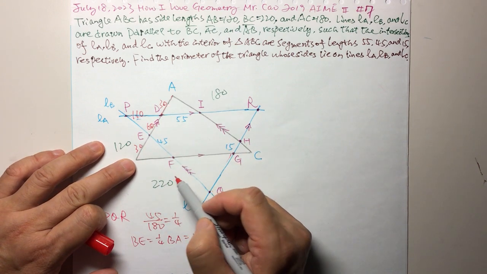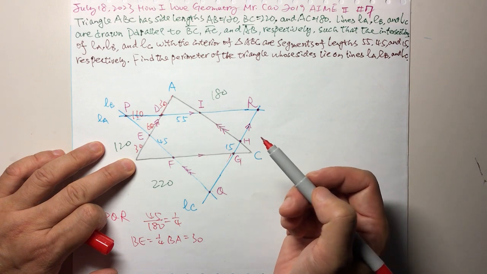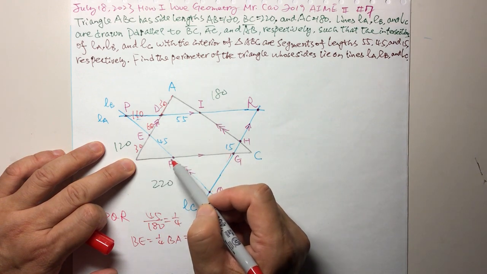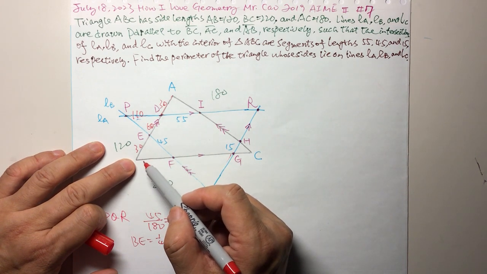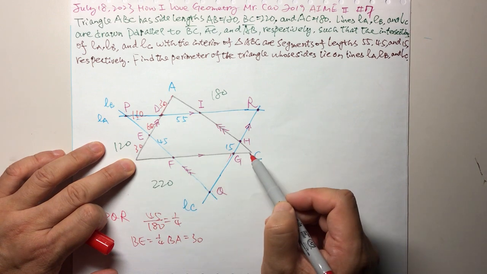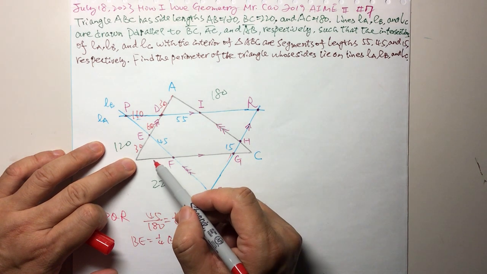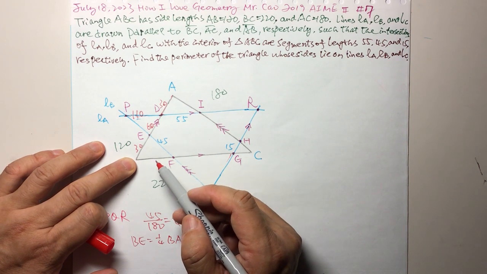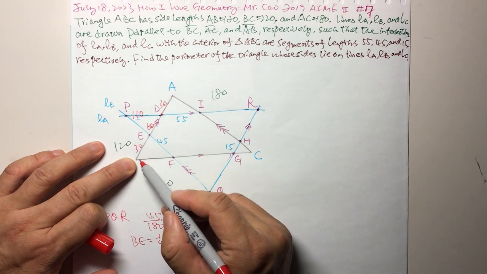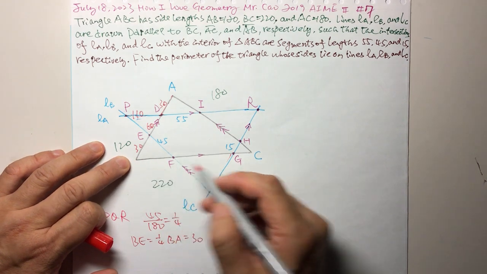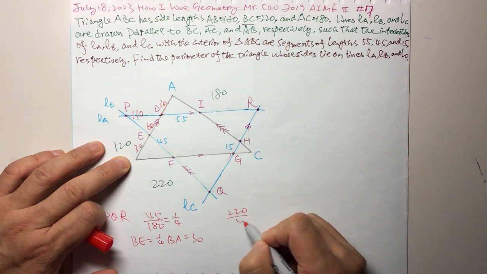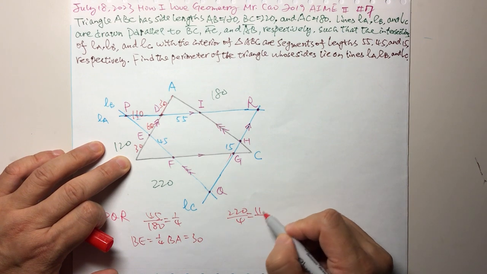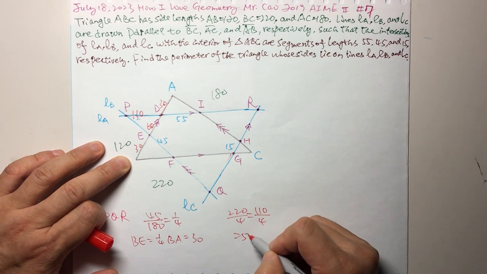So this part is also 1 to 4. This is 45 and this is 180, so 220 over 4 gives 55.